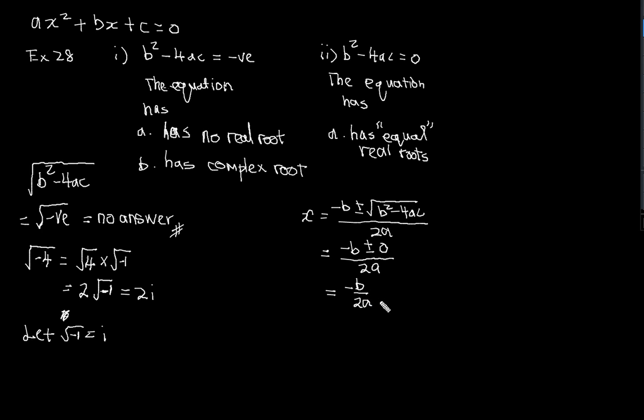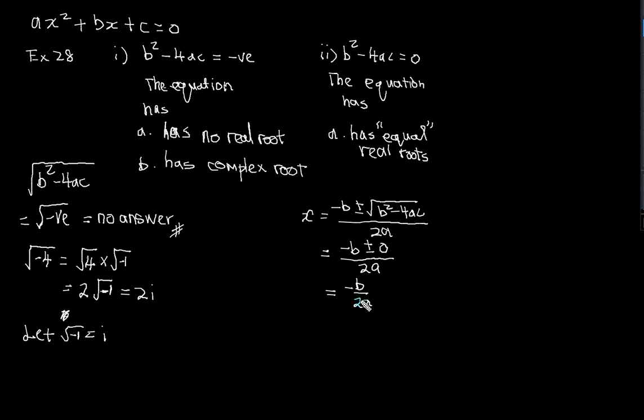If you do additional maths, equal real roots means a curve and a straight line intersect at a tangent. The straight line is a tangent to the curve. Then you have this condition, b squared minus 4ac equal to 0. Why? Because for the solution, the x value, there's only 1 point.